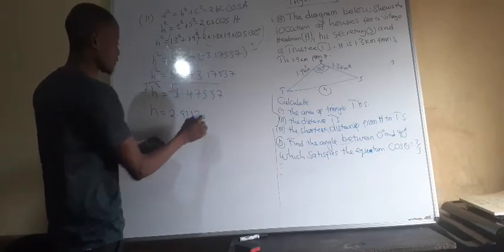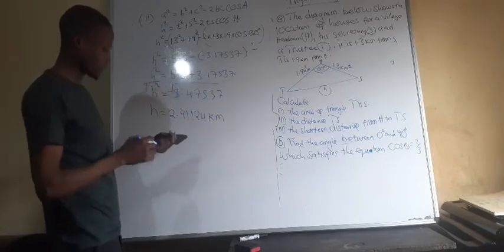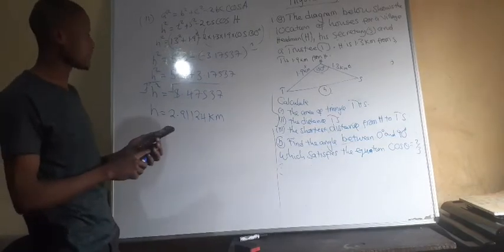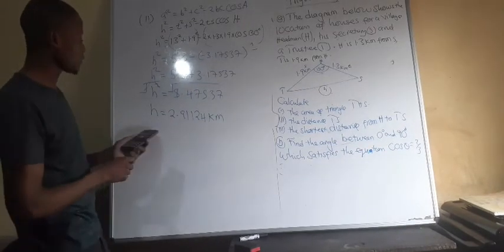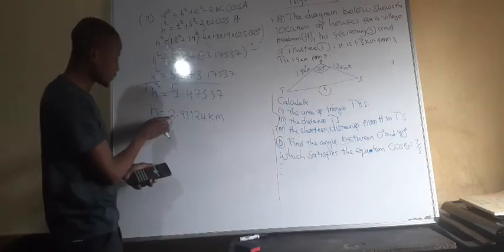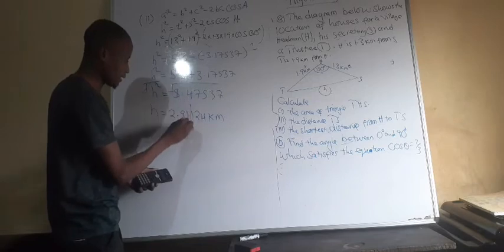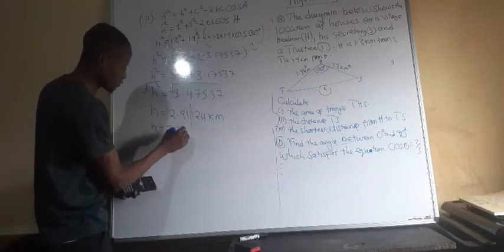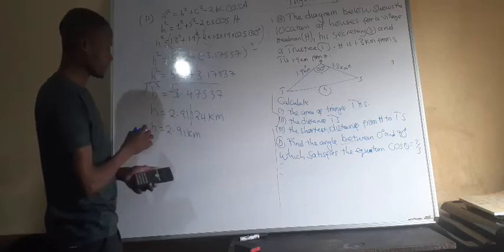2.91124. Okay, the answer goes in kilometers. As I said, according to our standard exam in Zambia, ECZ, you have to leave the answer correct to 3 significant figures. So you count 1, 2, 3 there. See? So we have H is equal to 2.91 kilometers.